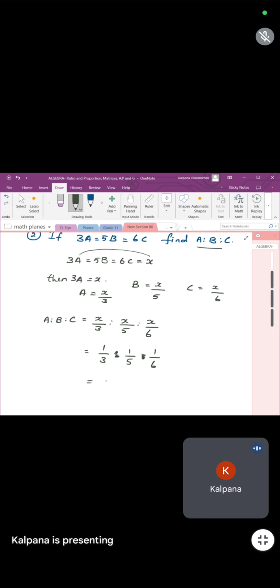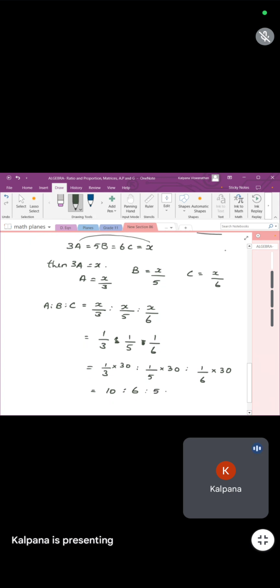So 1 by 3 times 30 is to 1 by 5 times 30 is to 1 by 6 times 30. Your answer will be 10 is to 6 is to 5.